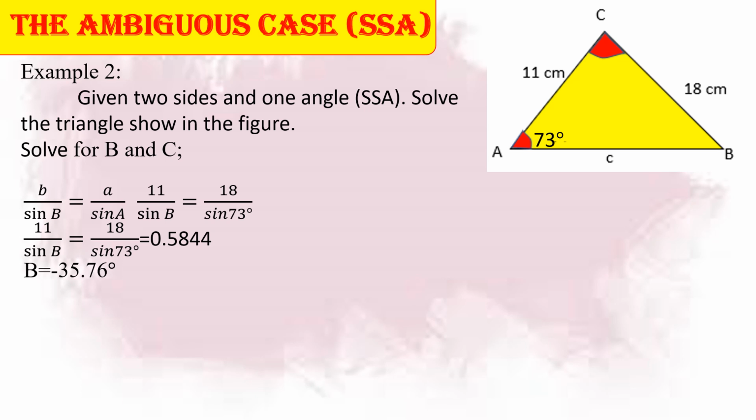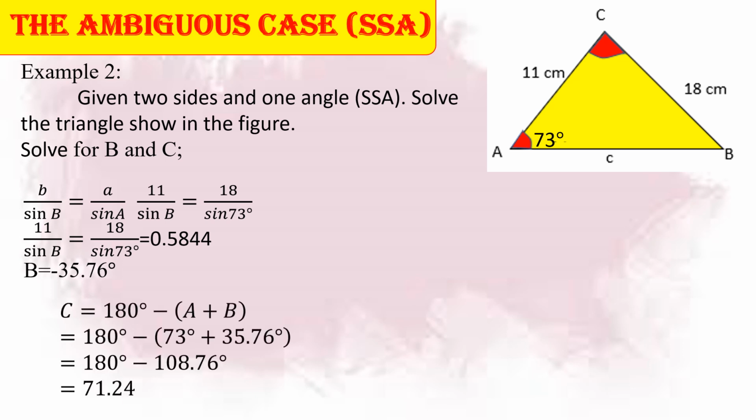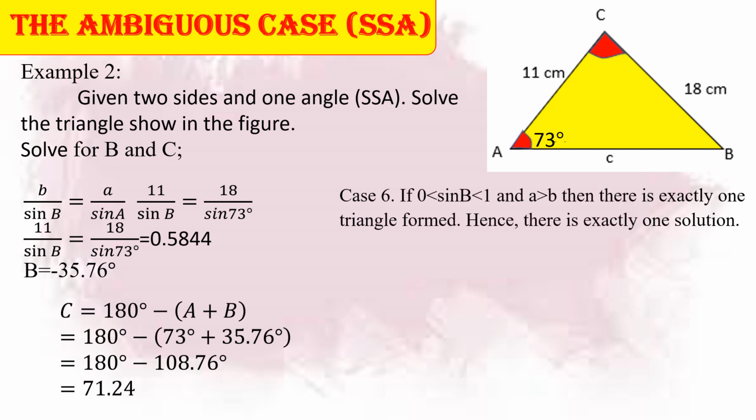Okay, sana nakakasunod kayo. And the next is the value of the side C. So C over sine C is equal to A over sine A, since that's what we used in looking for the measurement of angle B. Next is just substitute the values.